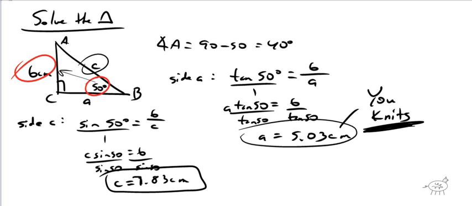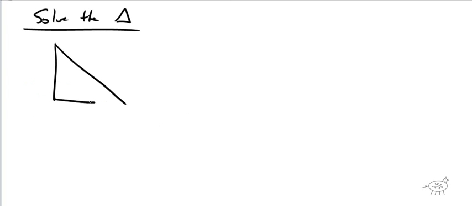All right, and then the next example for solving, again, I'm going to say solve the triangle. This is what you're given. So this is 8 kilometers and 5 kilometers, and this is A, B, and C. Okay, so of course, how do you find little b?